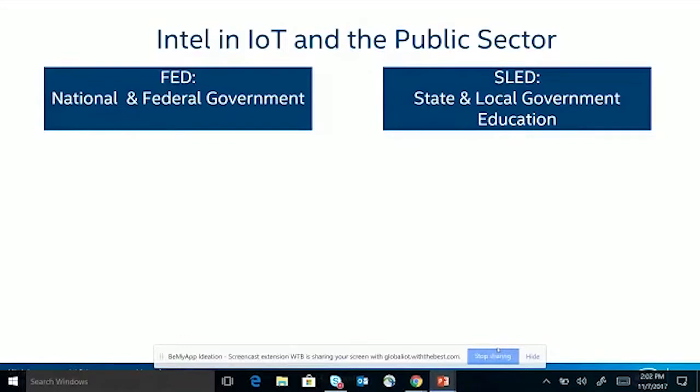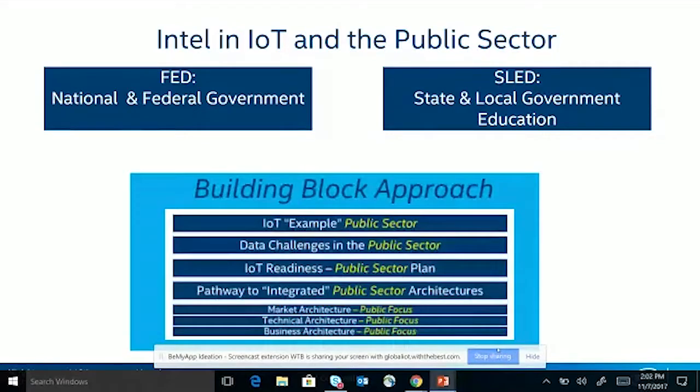The first is national and federal government, and the second is state, local government, and education. The reason I'm talking to you today about public sector IoT is that there are some unique attributes to doing public sector work that are above and beyond commercial IoT work.